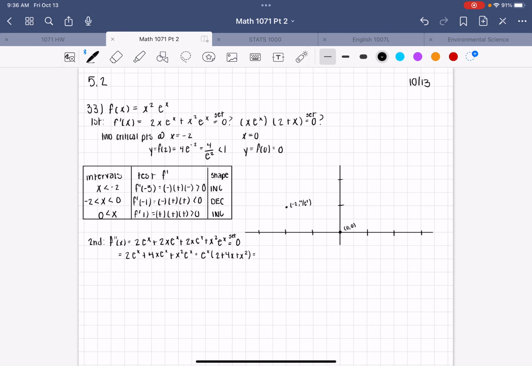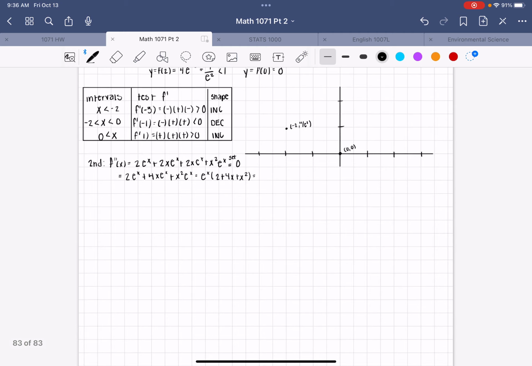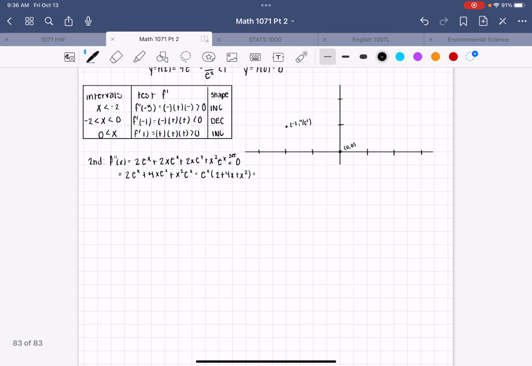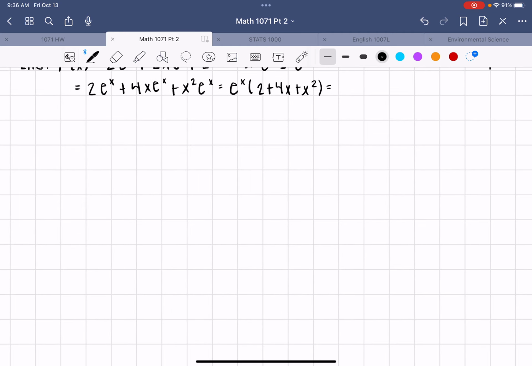Do you remember back in high school, you studied quadratic equations? Ax squared plus bx plus c. If that equals 0, there's a formula whereby you can find the x's that do that.